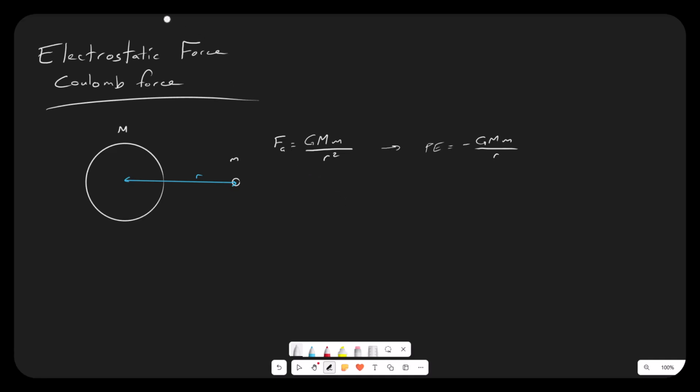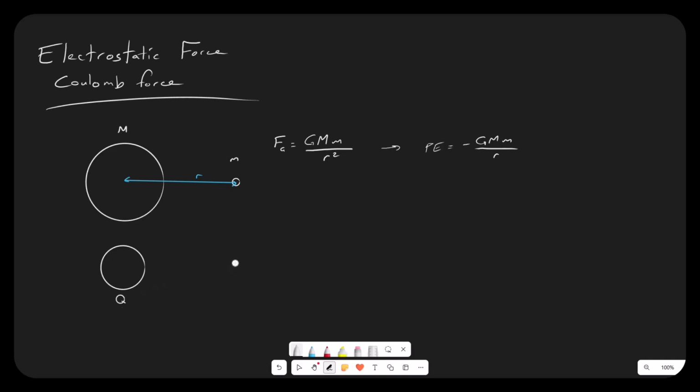Electrostatics deals with the attraction or repulsion, so it deals with the forces between charged objects. We were doing the forces between objects with mass, now we're doing the forces between objects with charge. So what it'll look like is this. We have an object here that has a charge q.